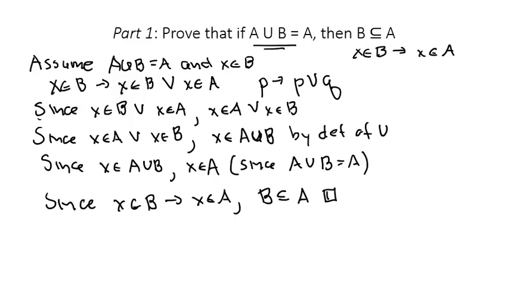Now, let's take a look at part 2a. Part 2a says, prove that if B is a subset of A, then A union B is a subset of A. Again, just as we did before, we want to assume the hypothesis. We'll do this directly, as you do with most set proofs.